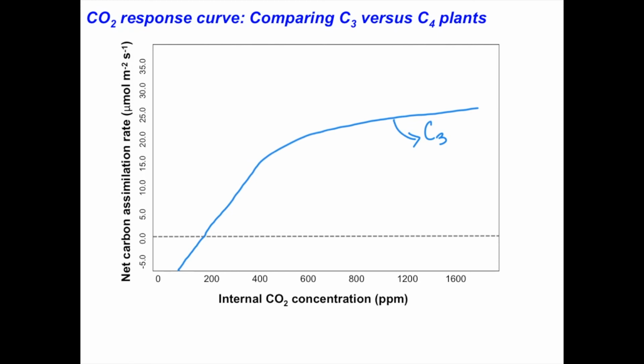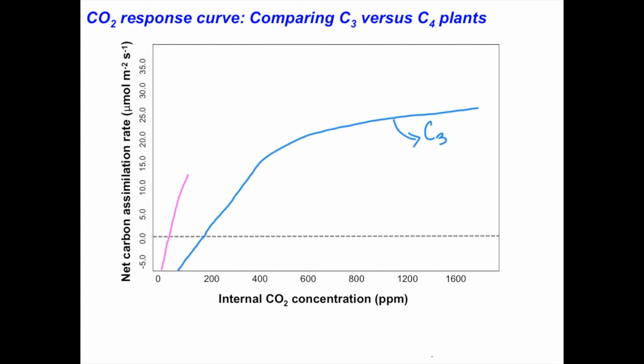For a C4 plant, because it has this great ability to concentrate CO2 in the bundle sheath cells, it makes Rubisco much more efficient. And therefore, this first part of the graph should be incredibly steep. So that linear portion of the graph is way more efficient than what we see for a C3 plant.